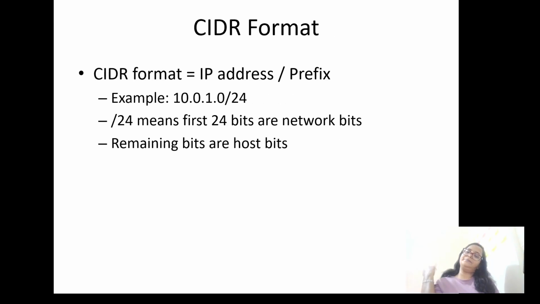Now the CIDR format. The CIDR format is IP address slash prefix. That is the only format. Example: 10.0.1.0/24. Now /24 means the first 24 bits are network bits, and the remaining bits are host bits. I will discuss all of this and explain it, don't worry.